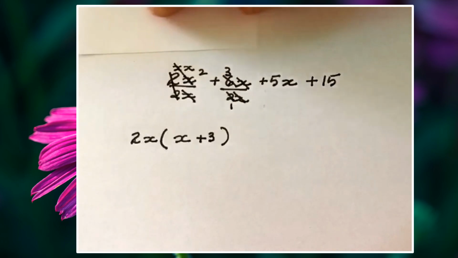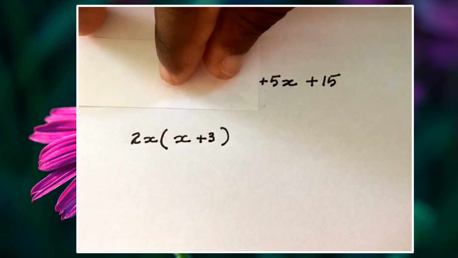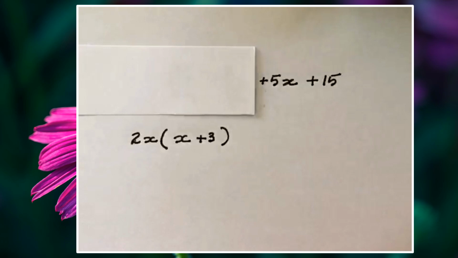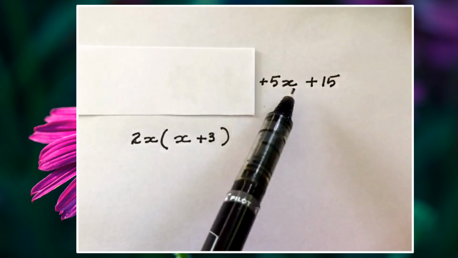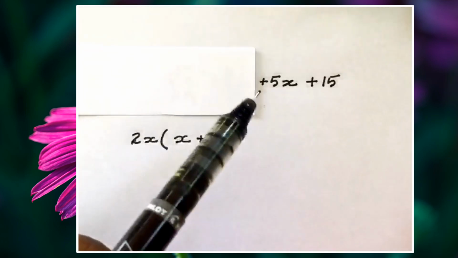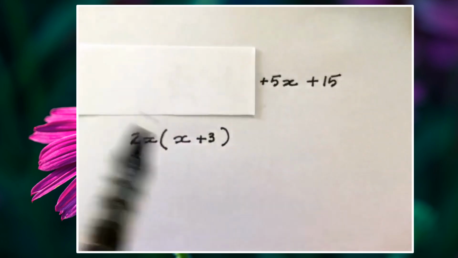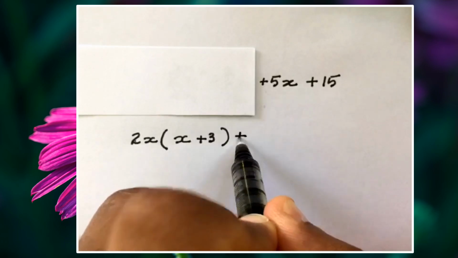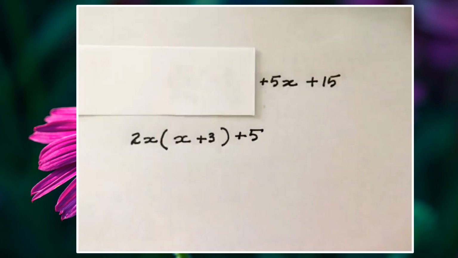I can simply block out the first part and just work the second part, just like how we did it. So I have plus 5x plus 15. The highest common factor between 5x and 15 is going to be a positive 5. You see that now?